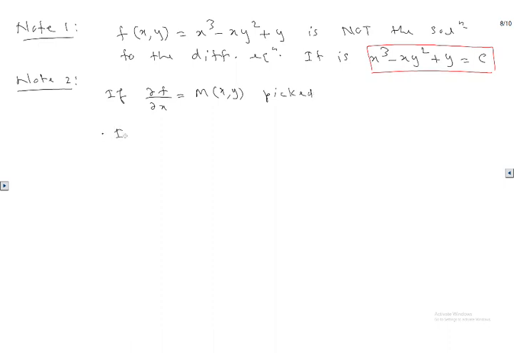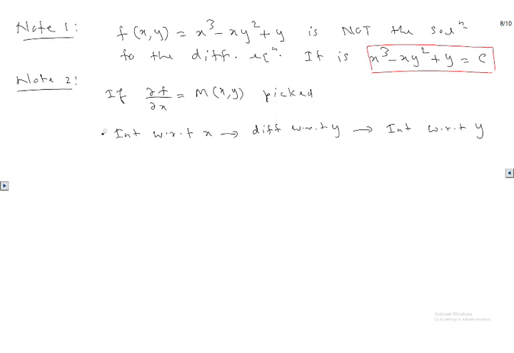You can integrate with respect to x, differentiate with respect to y, and then integrate with respect to y. So those are the 3 steps if you pick the M function.